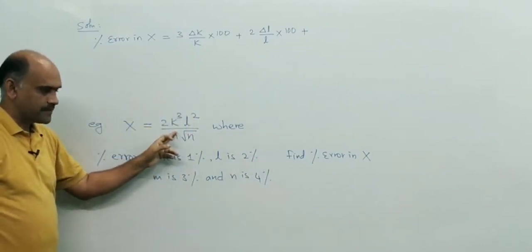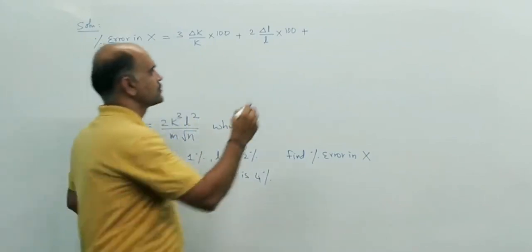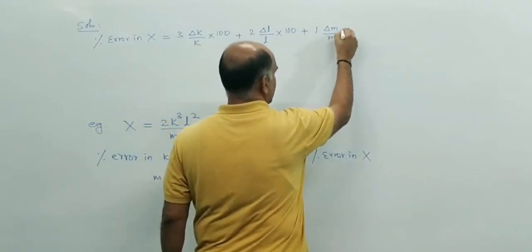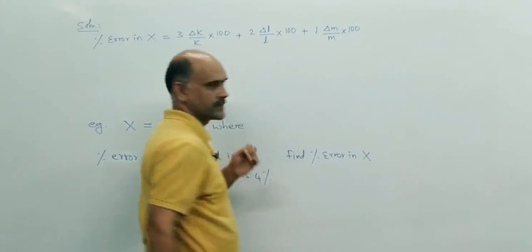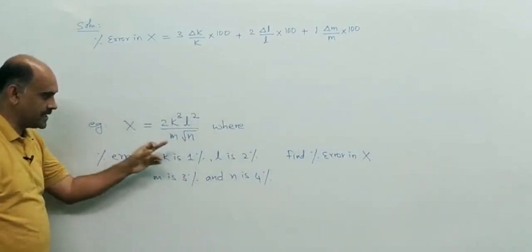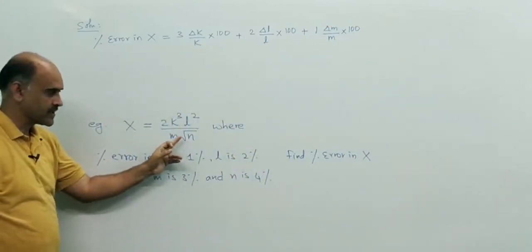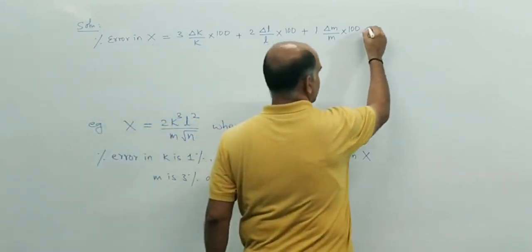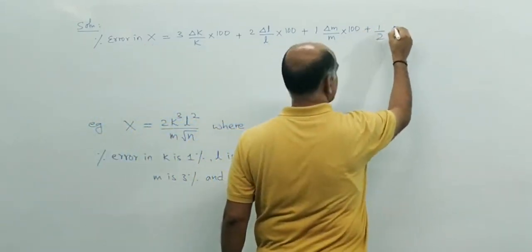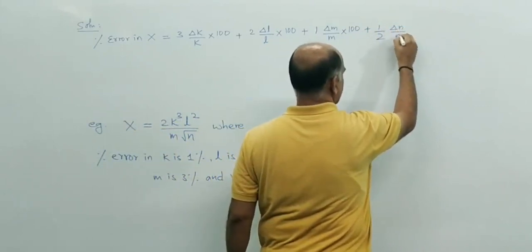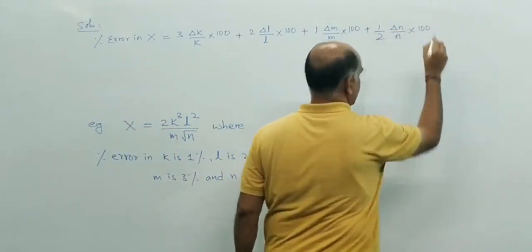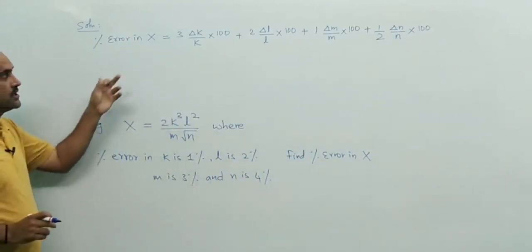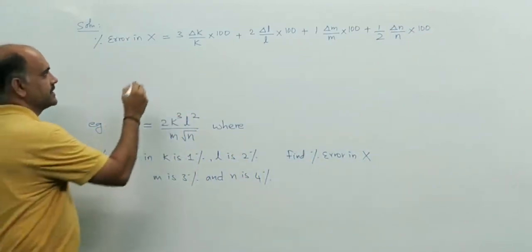So the power of M is 1. So 1 into percentage error in M. Similarly, finally root N is there. So the power of N is 1 by 2. So plus 1 by 2 percentage error in N. You will have the answer. So now substitute all the percentage errors.